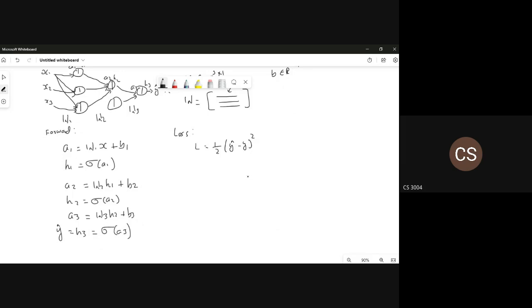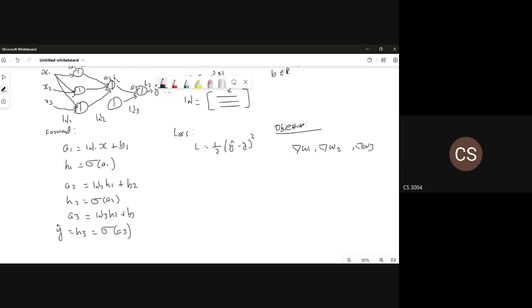So far things are quite simple. There are no issues. The problem is to compute the gradients for the parameters. The objective remains the same throughout the entire deep learning: we always try to find the gradient for the weight vectors, which means I want to find the gradient for W1, then the gradient for W2, and then the gradient for W3.